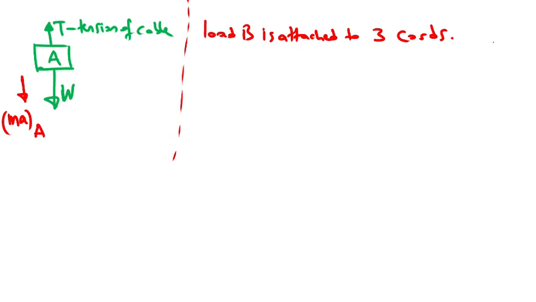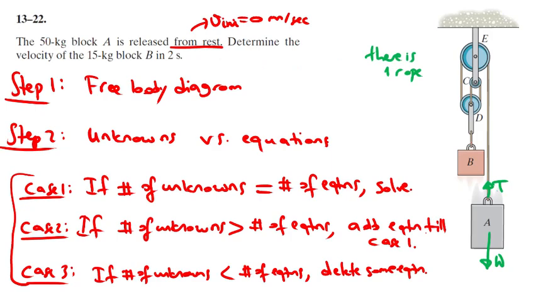Therefore it is best to start from pulley D. You can see that B is attached to that one, and that one is attached to 1, 2, and then 3 here.